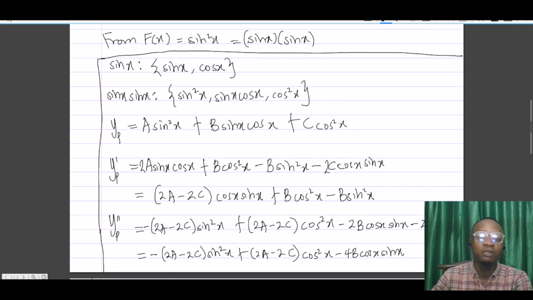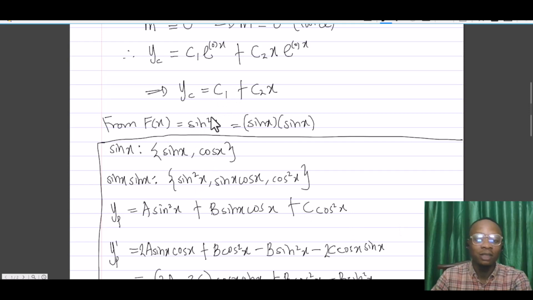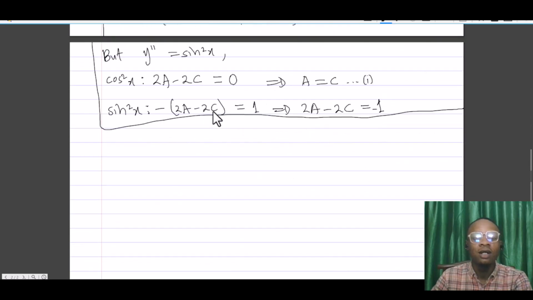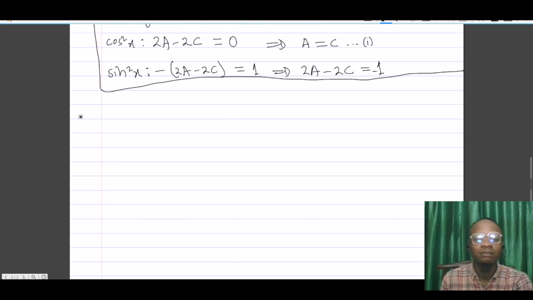So what do we do from the beginning? We want to make this a linear expression. You should recall that cos 2x is cos of x plus x.